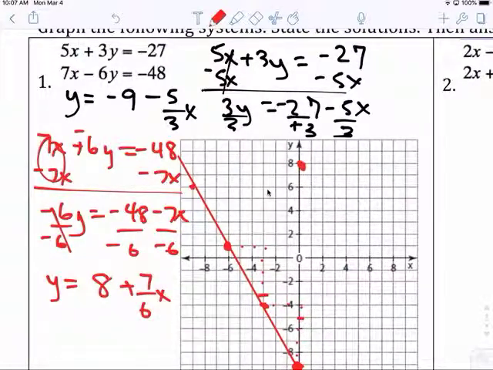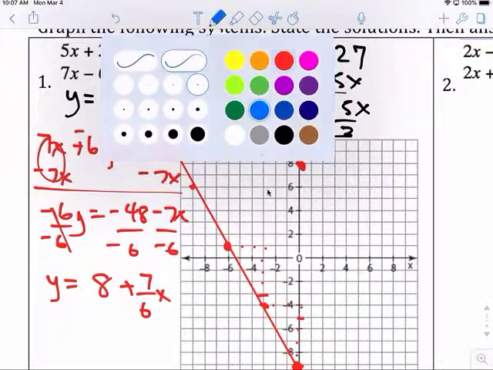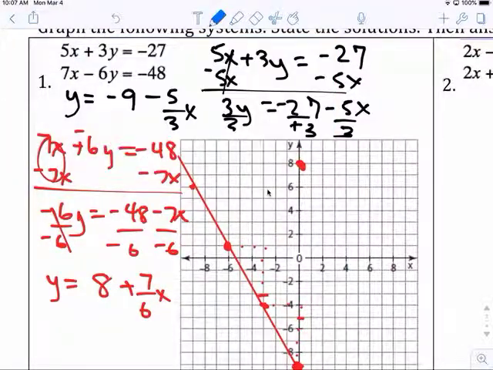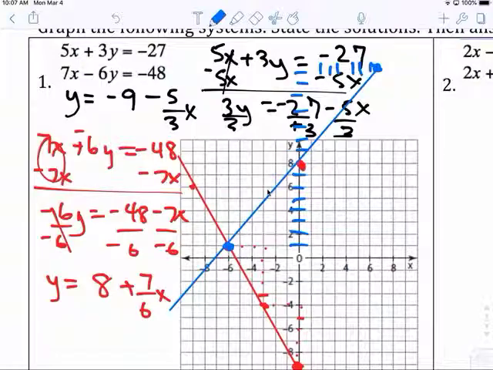So start out at 8. I purposely made this graph go up high. Up 7, 1, 2, 3, 4, 5, 6, 7 over 6. So we go down the other way. 1, 2, 3, 4, 5, 6, 7 over 6. Right there. That's where the line crosses.